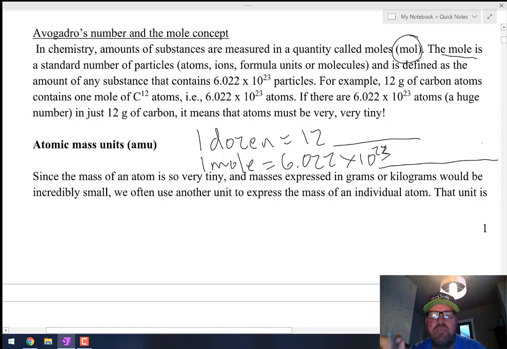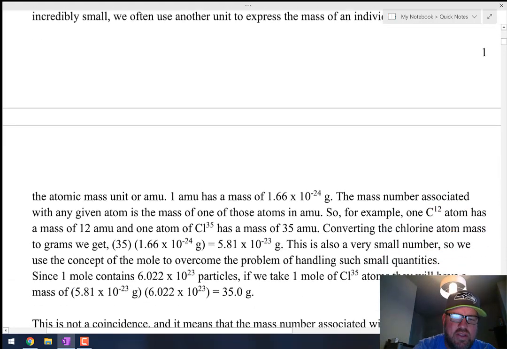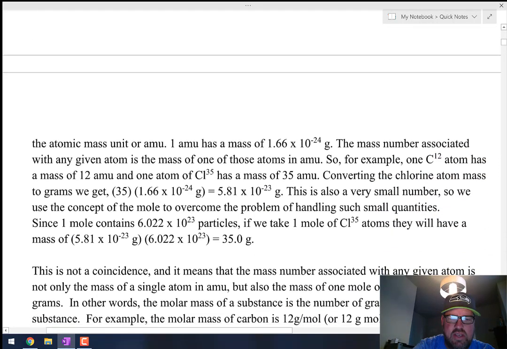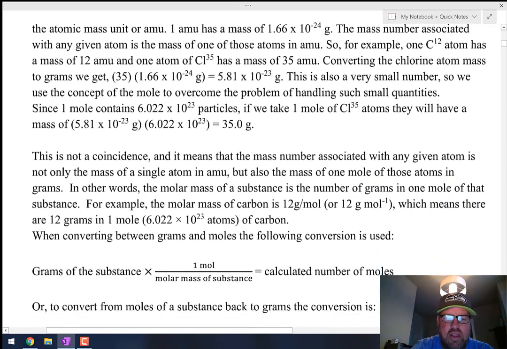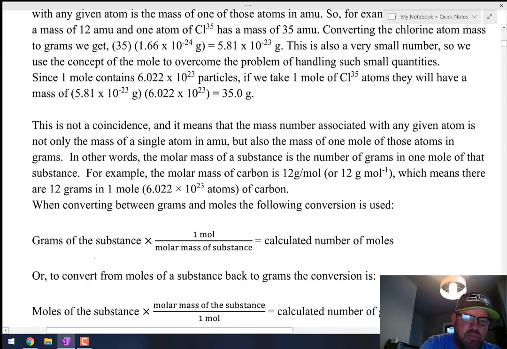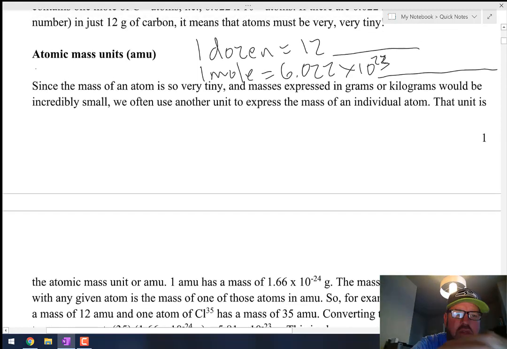Now, we're going to use this all the time. We're going to use moles a ton in dealing with chemistry. So that's what a mole is. Now let's use that. What we find here, and this is the important part, is the molar mass of the substance. Remember earlier in Unit 0 we talked about the atomic mass, and I called it also the molar mass.